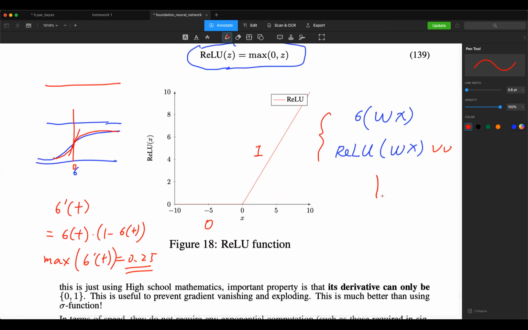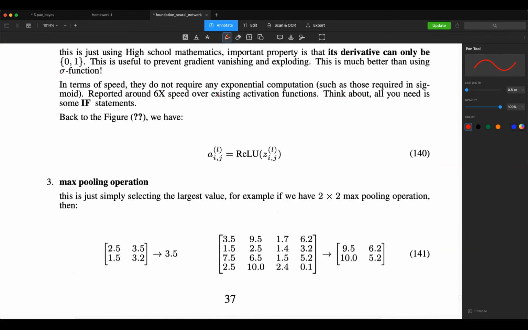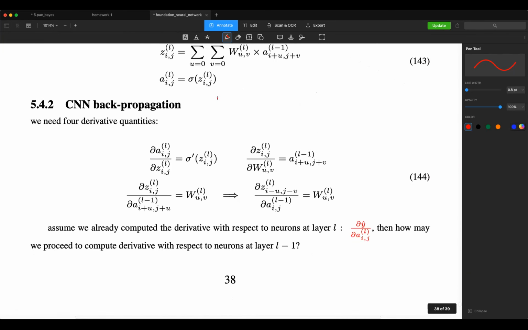So why is this used? If you have a negative value, you will get 0 gradient. The reason it's used is, remember, we are actually doing convolution.